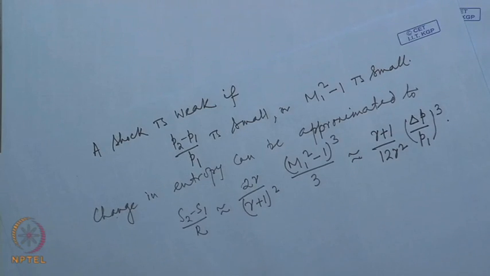In the limit of a very weak shock, the change in entropy is almost negligible and the process is almost isentropic, or nearly isentropic.